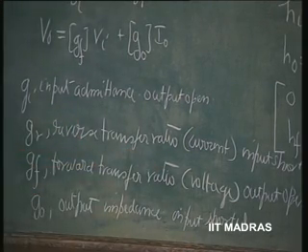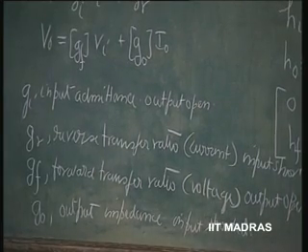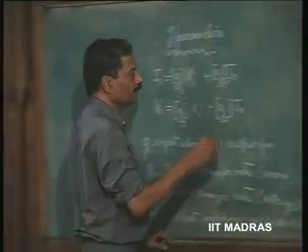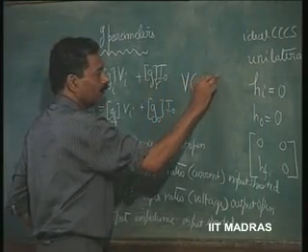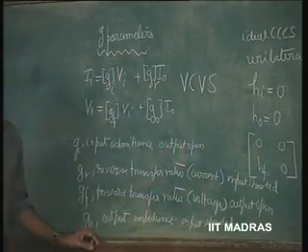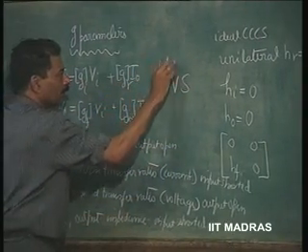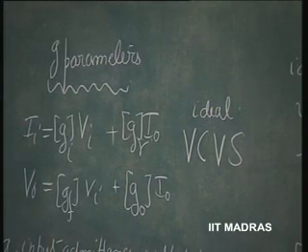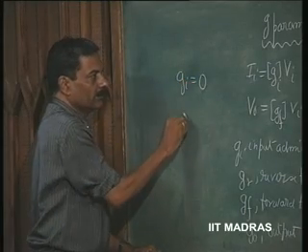Now, definitions are all over, except that this G parameter is what is normally going to be giving us voltage control, voltage source. The ideal voltage control voltage source results in Gi becoming equal to 0.